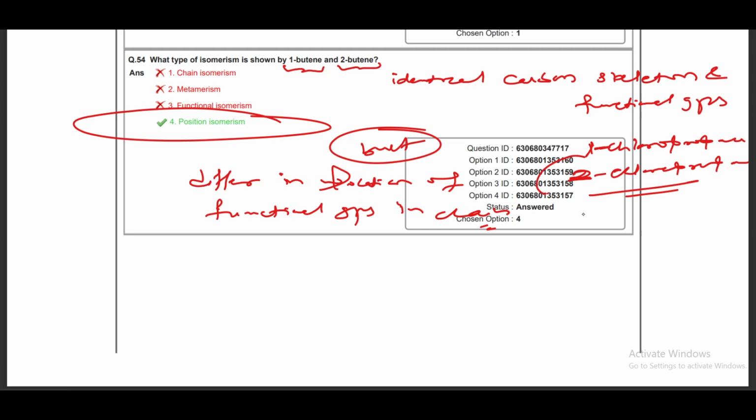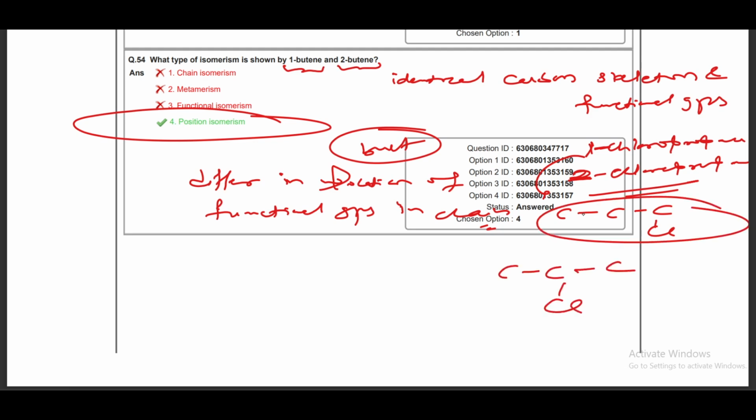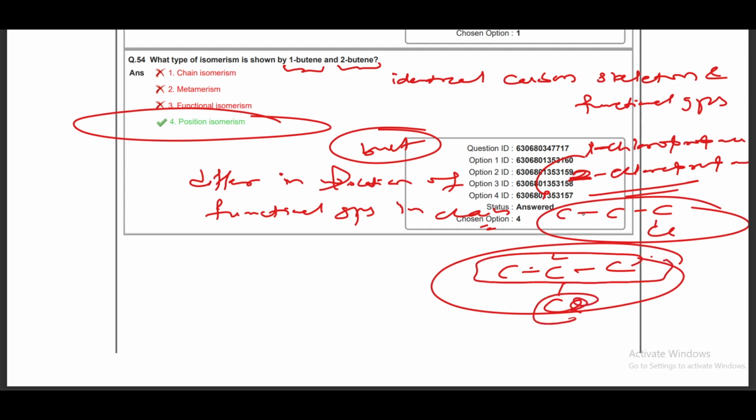In 1-chloropropane, chlorine is on the first carbon, and in 2-chloropropane, on the second carbon.